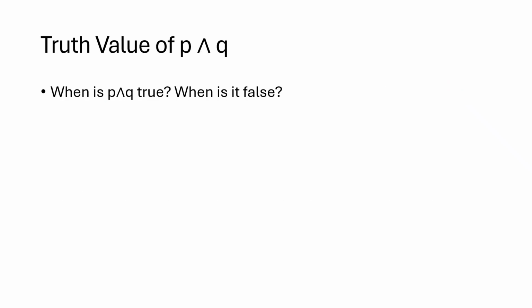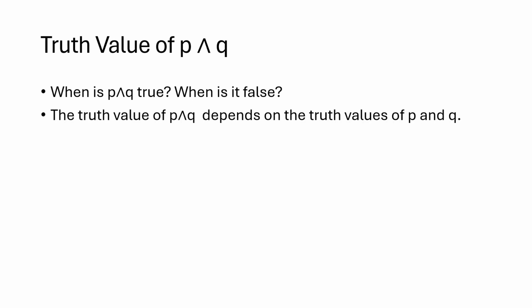Now the first question here is, how can we know the truth value of the compound proposition P and Q? Obviously, the truth value of P and Q depends on the truth value of P and the truth value of Q. Each one of them can be either true or false, so we have overall 4 possibilities.